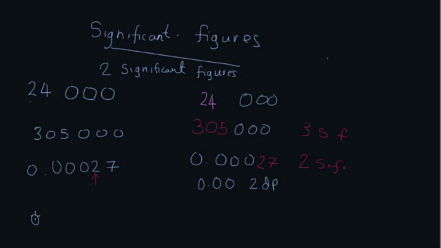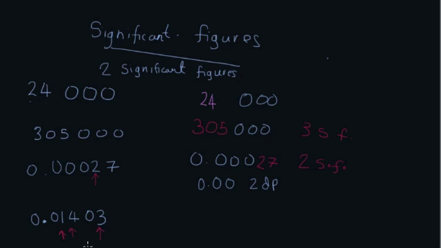So now if we do 0.01403. So here, 1, 4, and 3 are significant figures.